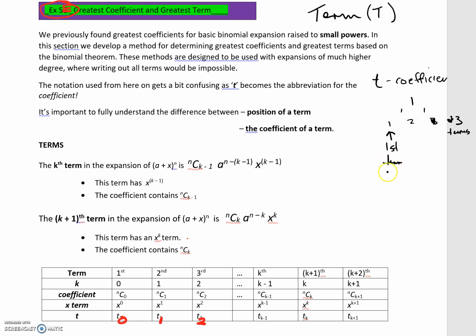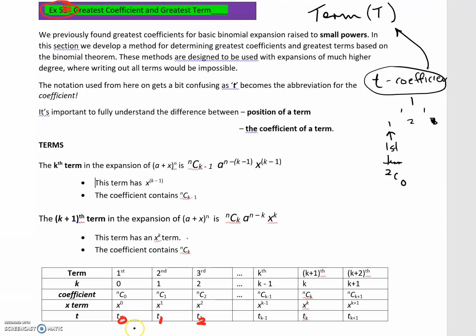And we know that that is, in this case, 2C0. It's the first term, but the counter for the coefficients is 0. So these counters for lowercase t don't line up with the actual name or the counter of the term.